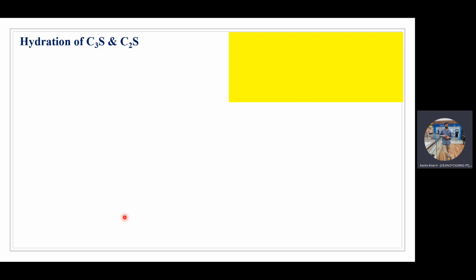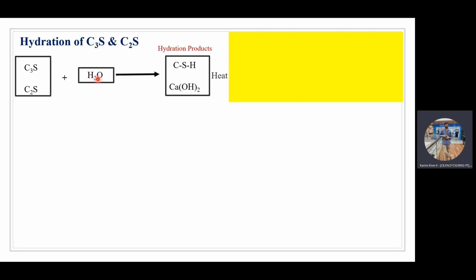So we have the C3S and C2S compounds, and once they come in contact with water, H2O, they are going to form products called hydration products. Those hydration products are CSH and Ca(OH)2, taken twice. You can also call Ca(OH)2 a CH.